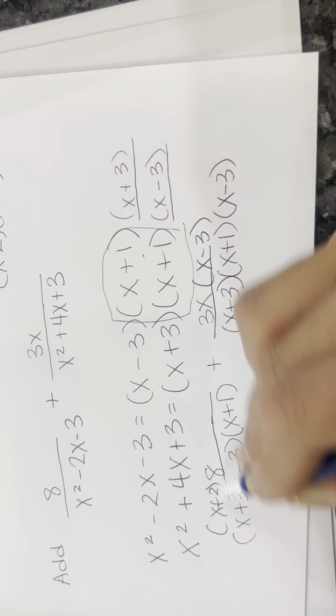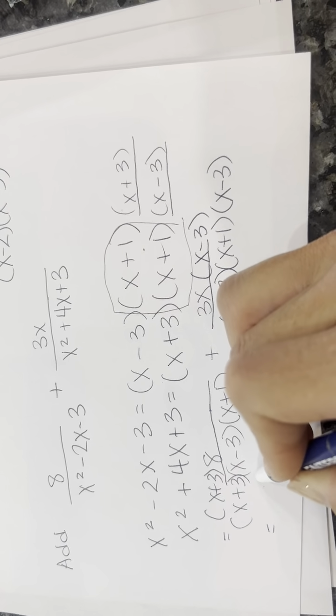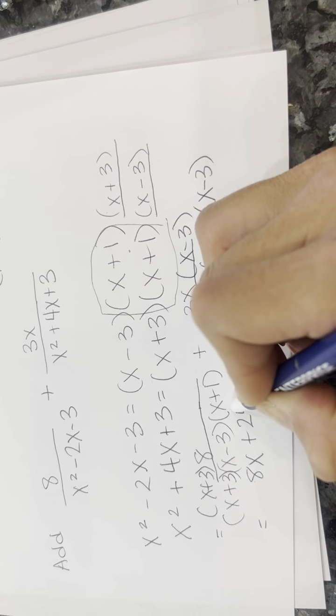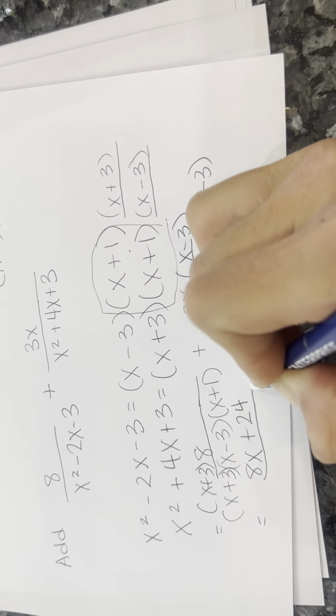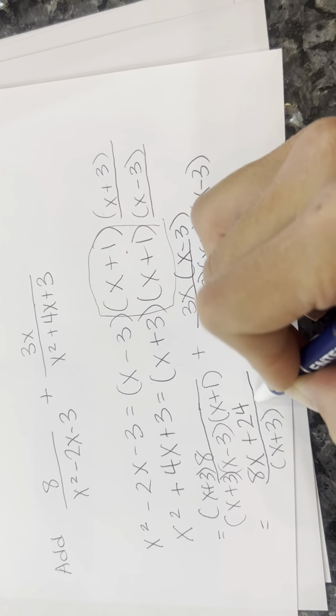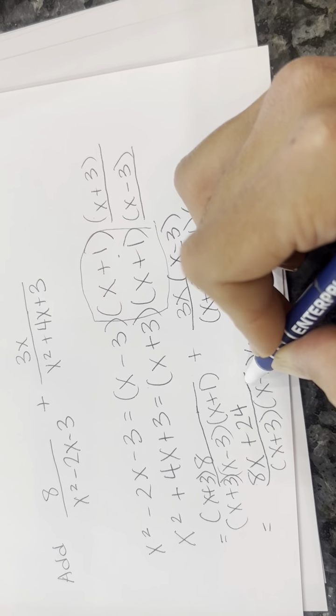Okay, so now let's go ahead and multiply that out. Using our distributive property, I get 8x plus 24 over x plus 3 times x minus 3 times x plus 1.